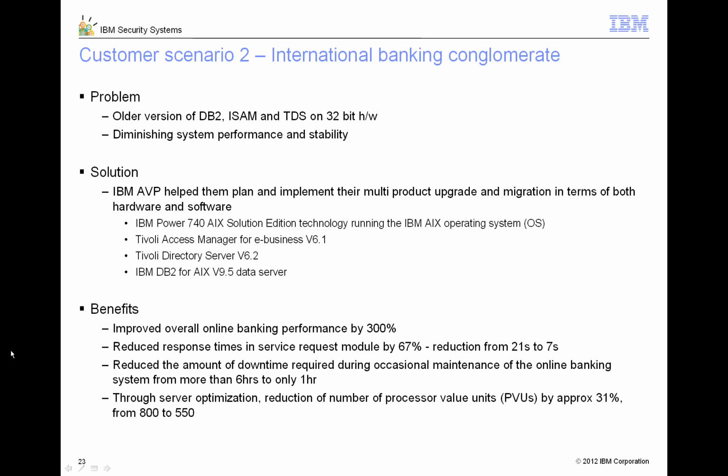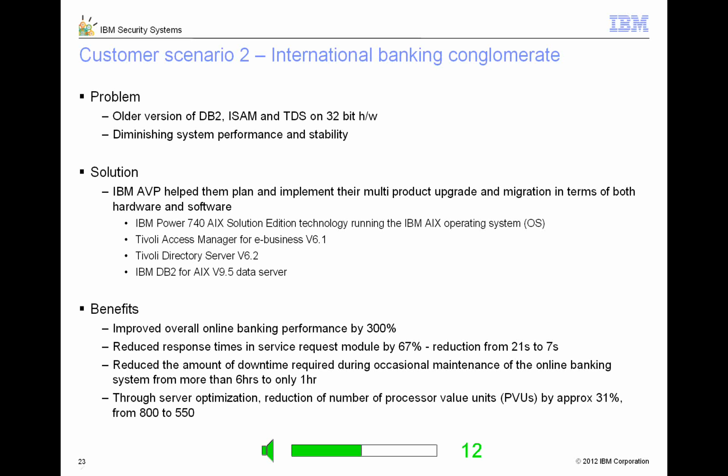The solution that was proposed was to migrate the hardware from the existing 32-bit to IBM Power 740 AIX, which runs the IBM AIX operating system, hosting the Tivoli Access Manager for e-business version 6.1 and TDS version 6.2, storing its data in DB2 for AIX version 9.5. Right.